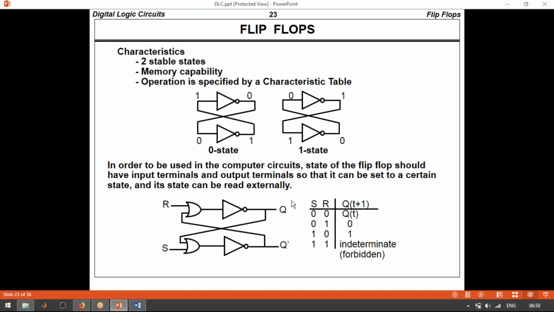So that state is called a metastability state or forbidden state. The output at Q and Q bar is not correct. Whichever gate is faster, that gate's output will come at Q. For example, if this gate is faster than the other one, then its output will appear on the Q and Q bar side.